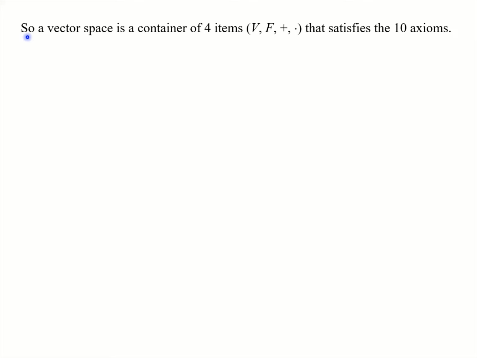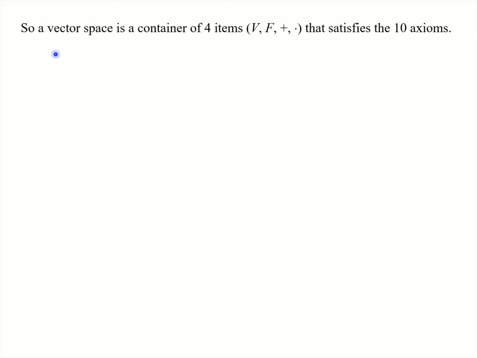It says a vector space is a container of 4 items. That's how I look at a vector space. Those 4 items happen to be vectors, scalars, vector addition, and scalar multiplication. There is no vector multiplication defined for just being a vector space.